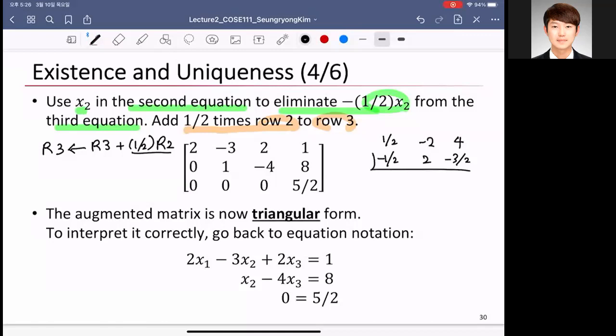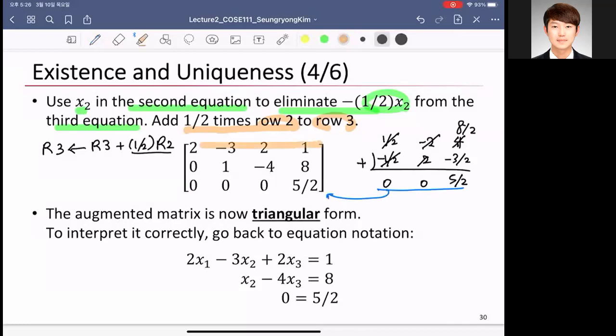Then by adding these two terms, it's going to be 0, 0, 0, 0, and 8 over 2, so it's going to be 5 over 2. So this is the new rho 3, right?